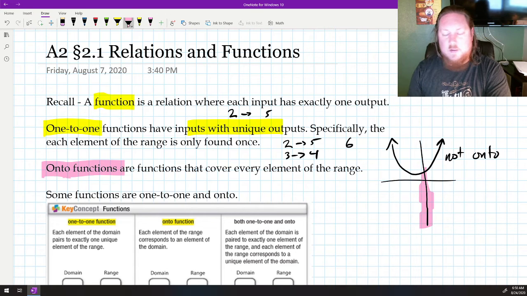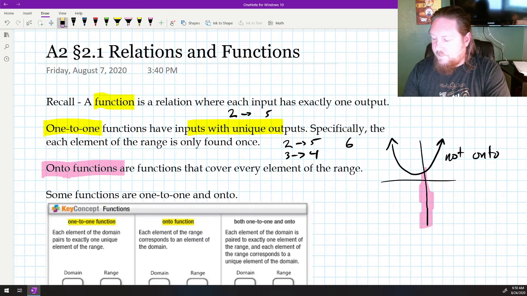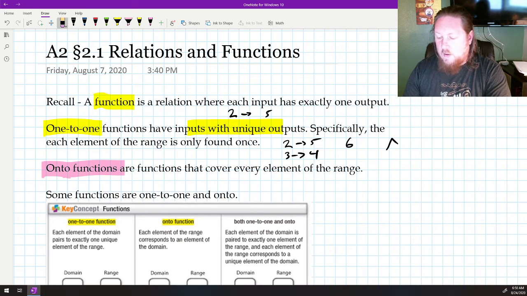They're not covered by the function. So that's the idea of onto: all the elements of the range are covered. And we've got some little drawings down below here where you can take a look at that as well.